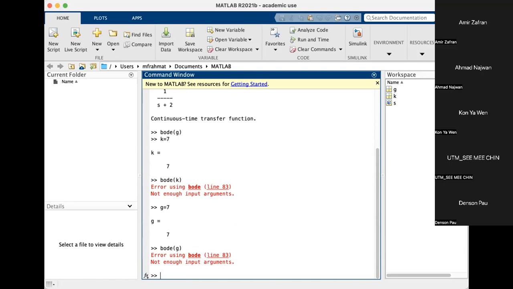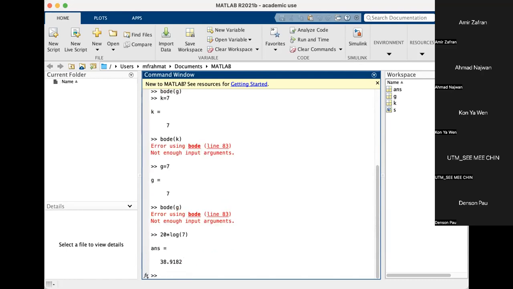Con? 20 log 7. 16.902. How much? Twenty multiplied by log 7.